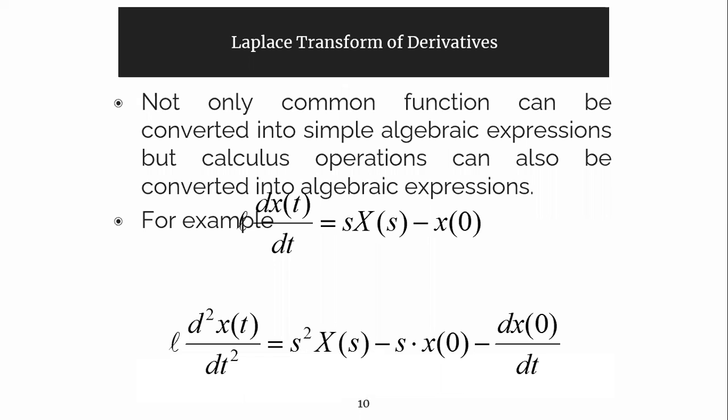Similarly, in the Laplace transformation derivation, how can we identify the Laplace of d x(t) divided by dt? It converts to s X(s) minus the initial value, where we are applying the orders. If it is a multiple order, that is d square x(t) by dt square, likewise it will be twice and thrice, that is s square X(s), then s times so and so, and then the last part will be dx by dt.